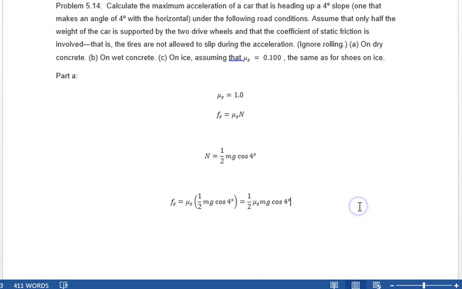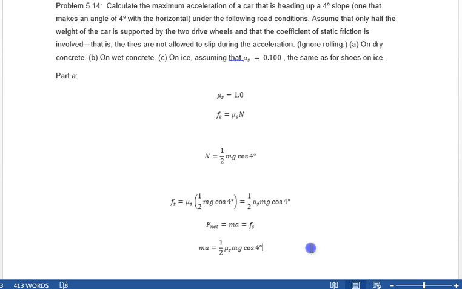From Newton's second law, F net equals mass times acceleration. What is F net in this case? F net is Fs. So when we want the maximum acceleration, we have ma equals 1/2 mu s mg cosine of 4 degrees.